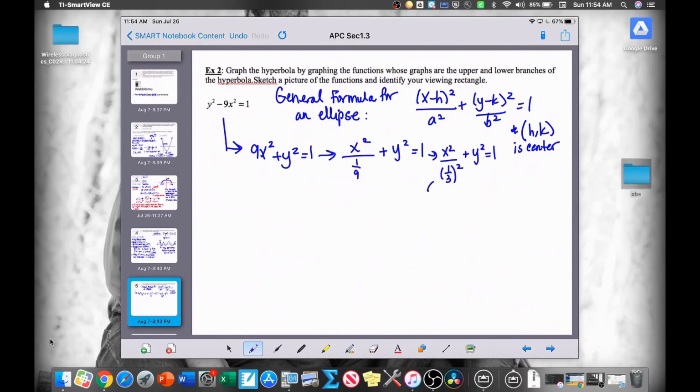Again, back to what we know about ellipses, because our a squared is smaller, this tells us that our x-axis is the minor axis, or the shorter axis, and that our y-axis, because it's over 1 squared, which is bigger than 1/3, is our major axis.